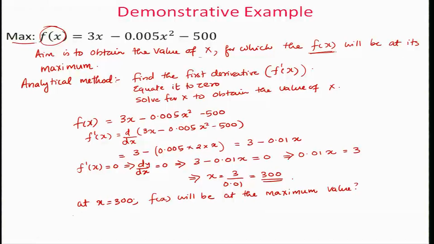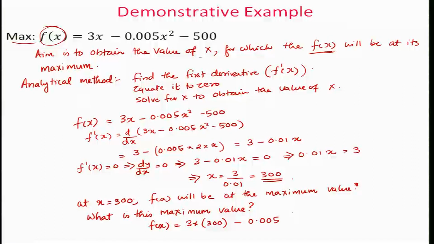Okay. So, what is this maximum value? That maximum value is obtained by f of x is equal to 3 times 300 minus 0.005 times 300 square minus 500.